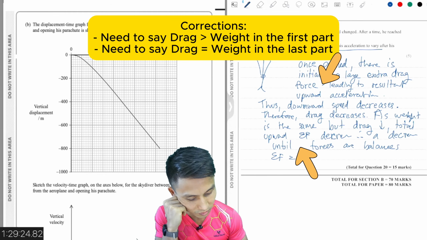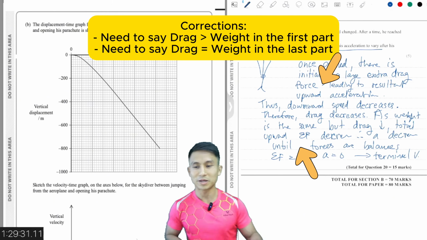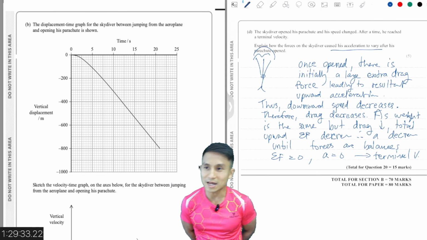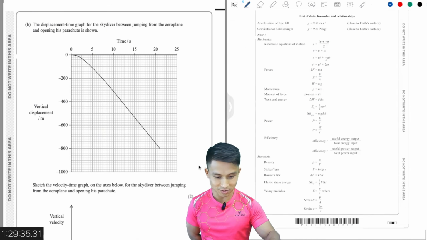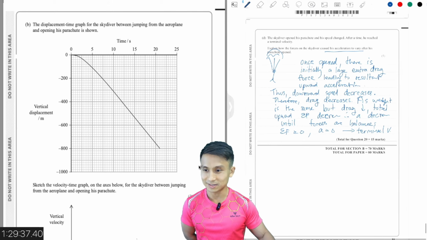Resultant force equals 0, so acceleration equals 0, another terminal velocity. I just made it. So I think I'm going to go with that, guys, and that's the end. I'm going to mark the paper in a bit. See you.